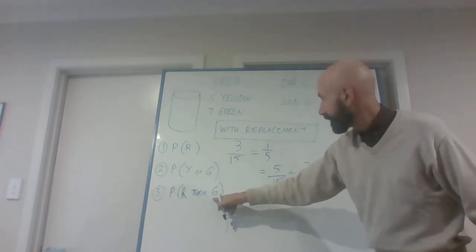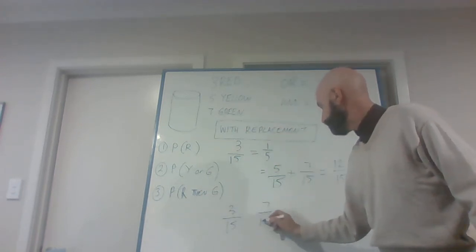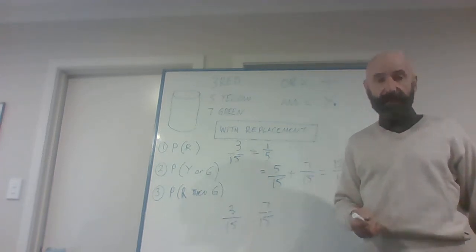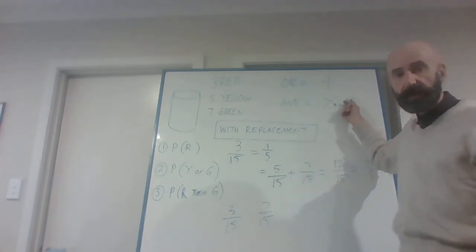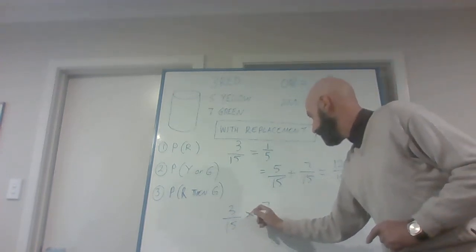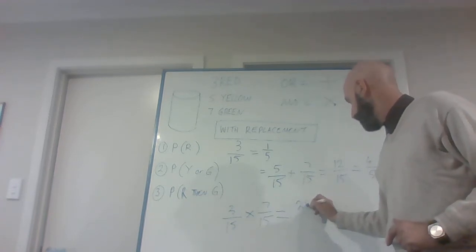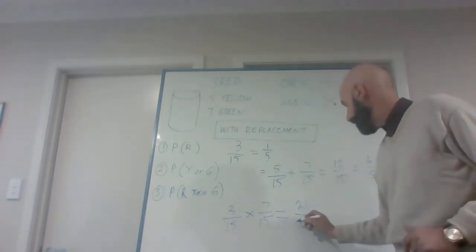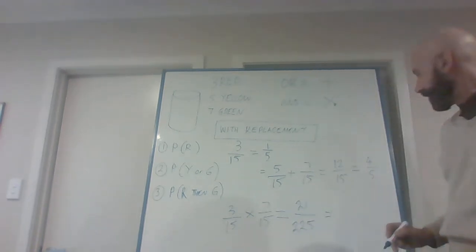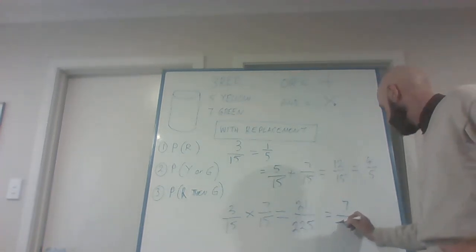And the chance of getting a green is 7 over 15. Now, when I hear the word and in probability, I'm going to think times. Multiply the probabilities. 3 times 7 is 21. 15 times 15 is 225. And I can simplify that. That would be 7, I believe, and that would be 75.